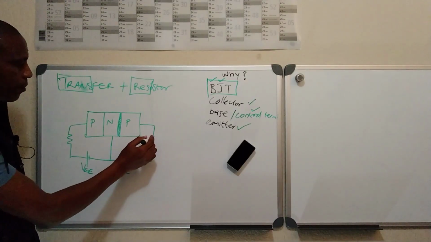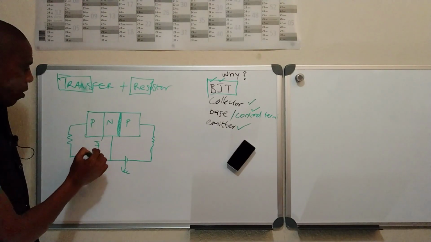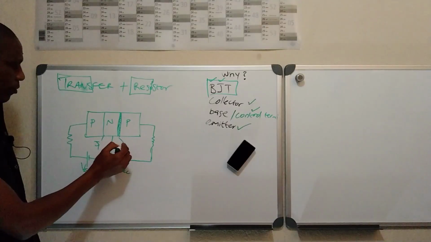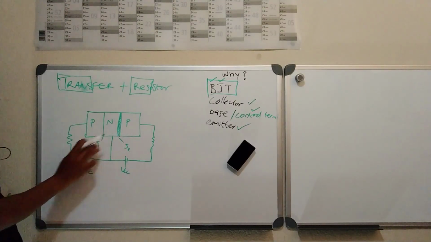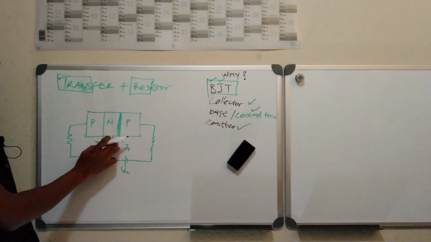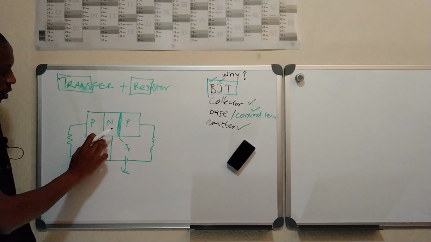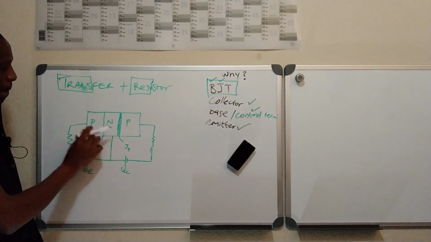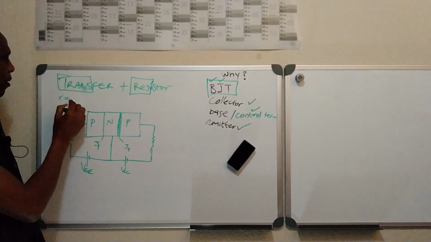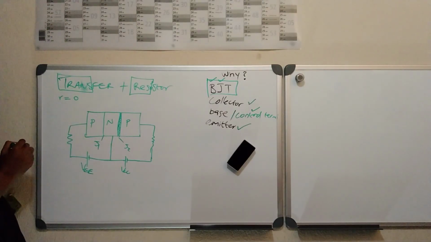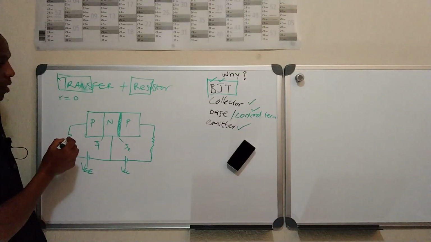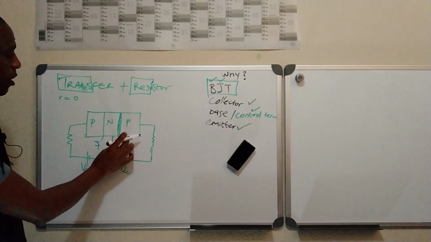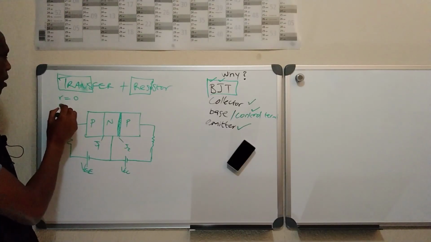This junction, J1, is forward biased, so the junction is narrow, as compared to J2, because J2 is reverse biased. If the junction is forward biased, the junction tends to be very narrow, making its resistance more or less zero in the ideal world. But in the real world, it is very small. If the junction is wide, the resistance is very big.